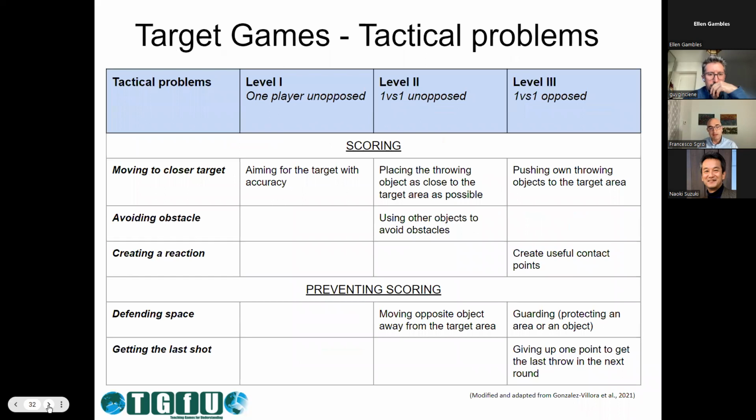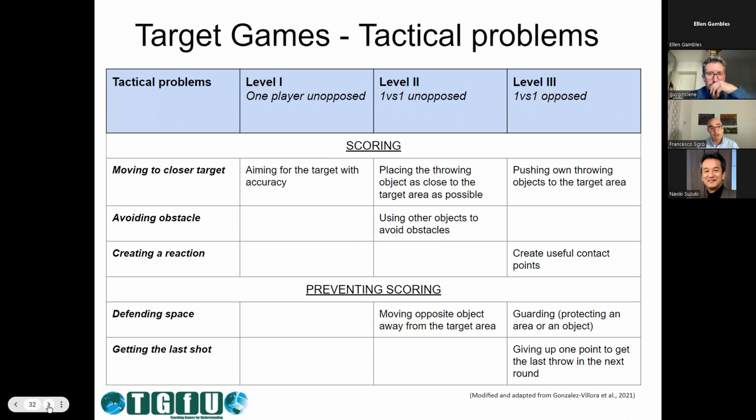Okay, in this slide, as my colleagues did before, I try to show the tactical problems related to target games. Tactical problems, as in invasion or net games, can be divided into scoring and preventing scoring.